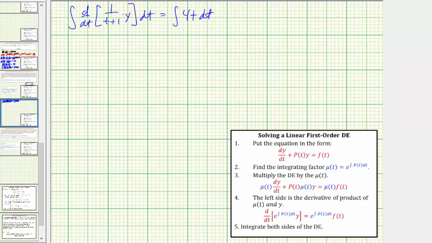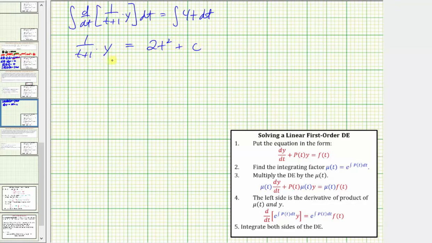On the left side, the integral and derivative undo each other, and therefore we're just left with 1 divided by the quantity t plus 1 times y. We would have a constant of integration, but we'll include that on the right with the constant of integration from this integral here. So we'll have equals, the integral of 4t with respect to t would be 4 times t squared divided by 2, which would be 2t squared, and then plus c.